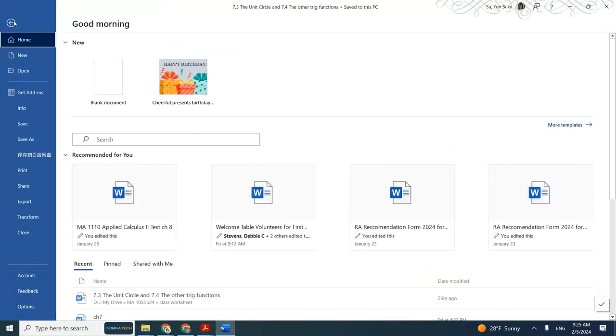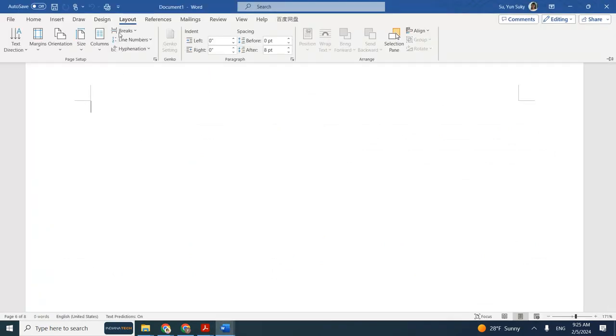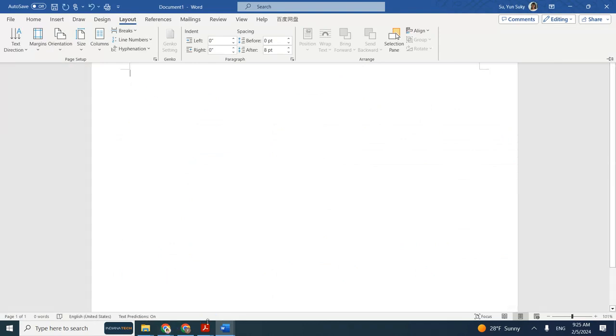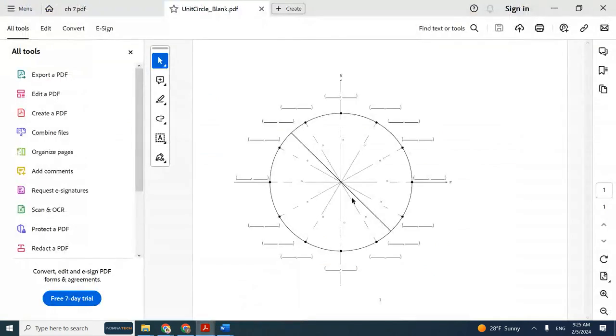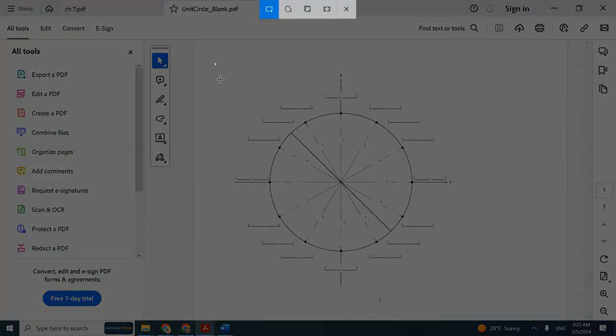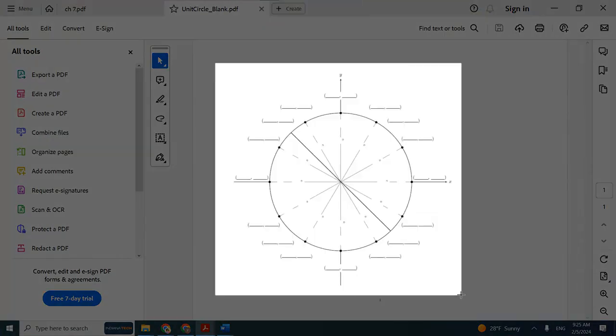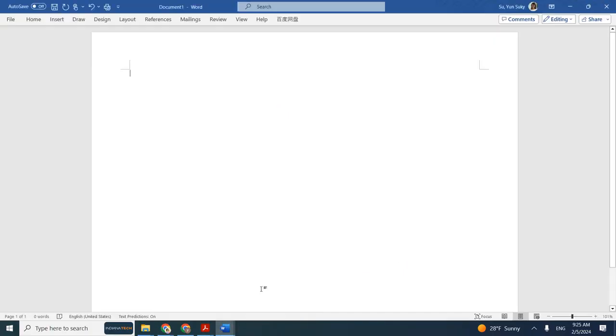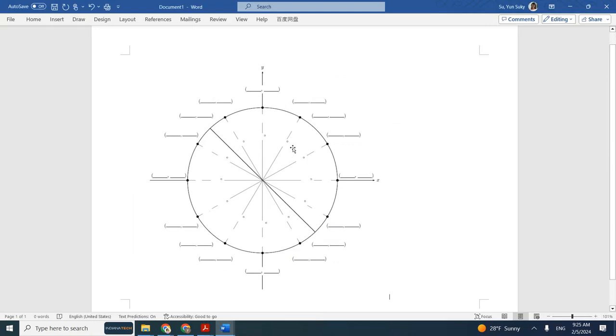Okay. New one here. Layout. Make it. Unit circle here. That's the unit circle. I'm going to give you the sheets. Let me give you some hints.